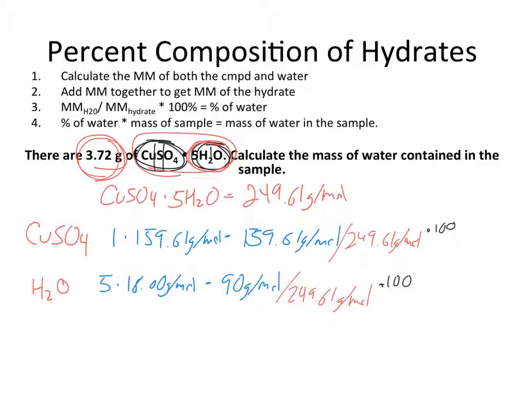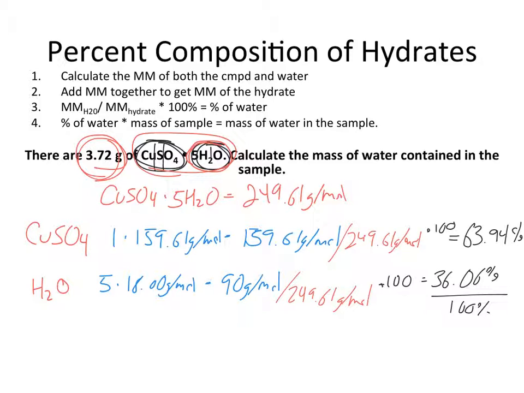Now we're going to keep it to 2 decimal places, even though our sig figs might not line up. It allows us a little bit of flexibility. So once I multiply by 100, I'll get 63.94% CuSO4, and in this case I'll have 36.06% water. Now you have to make sure that they do add up to 100%, and in fact they do.